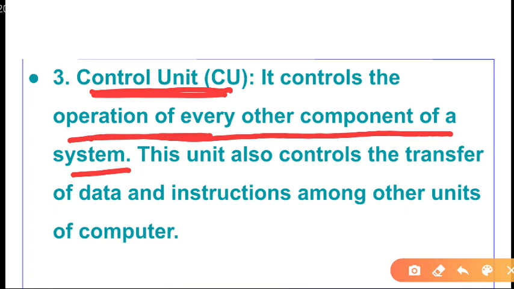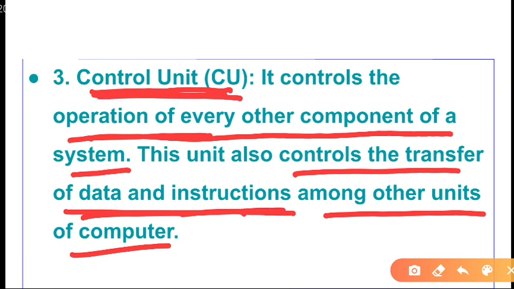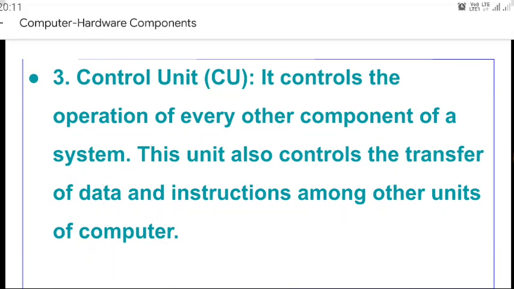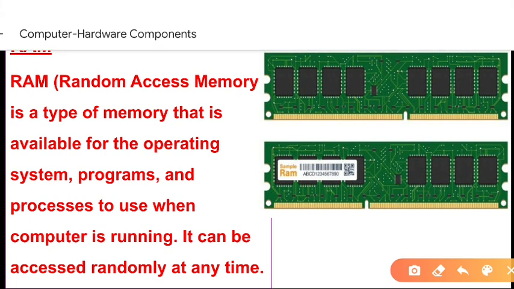The control unit also controls the transfer of data and instructions among different parts of the computer. Different parts of the computer communicate with each other with the help of data and instructions. And who controls this transfer of data and instructions? The control unit. So this was all about the CPU.